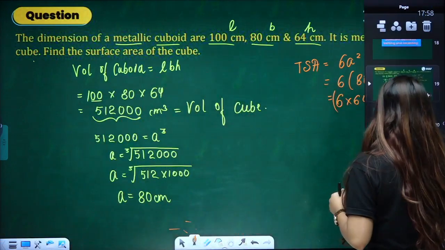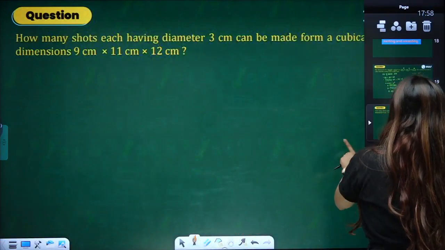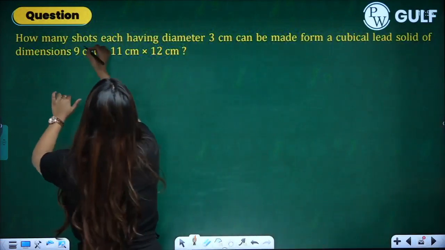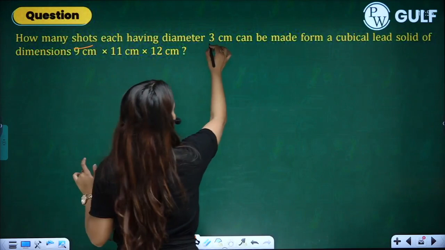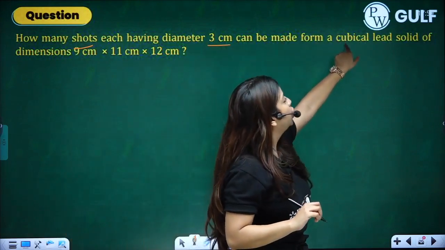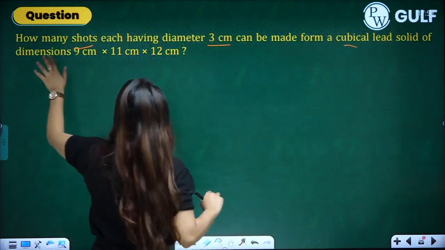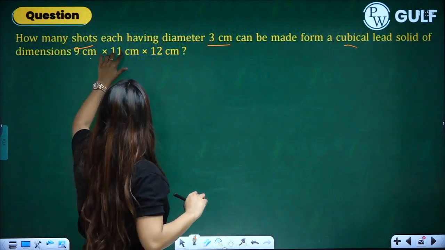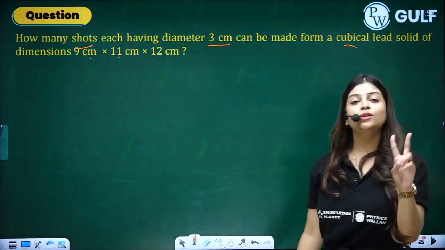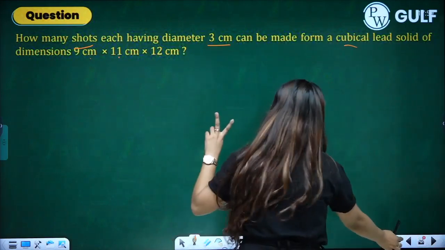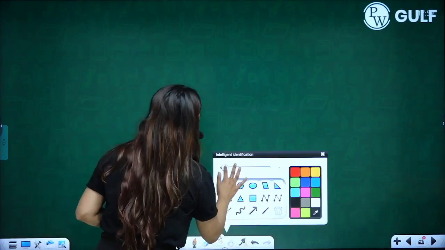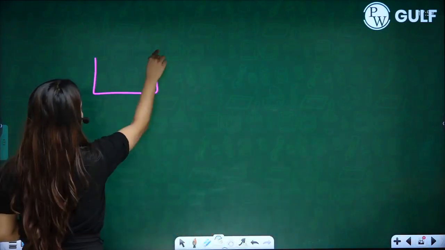Let's see the next question. All right, so the question says: how many shots, each having a diameter of 3 centimeter, can be made from a cuboidal lead solid of dimension 9, 11 and 12 centimeter? Now there are two different things. What is given in the question, students, is that you particularly have a cuboid, right?